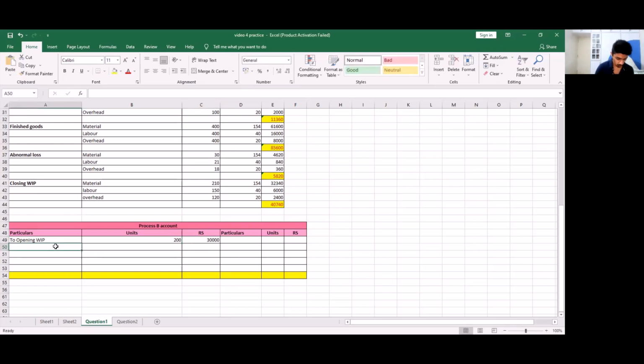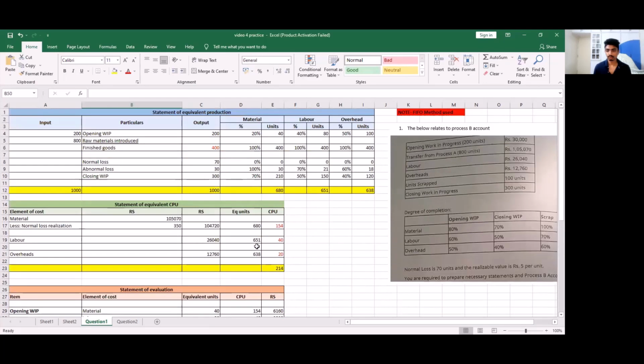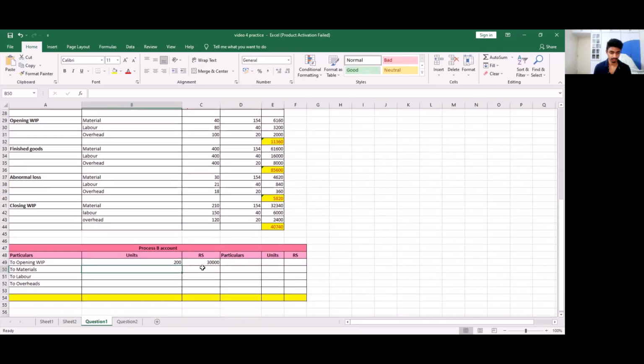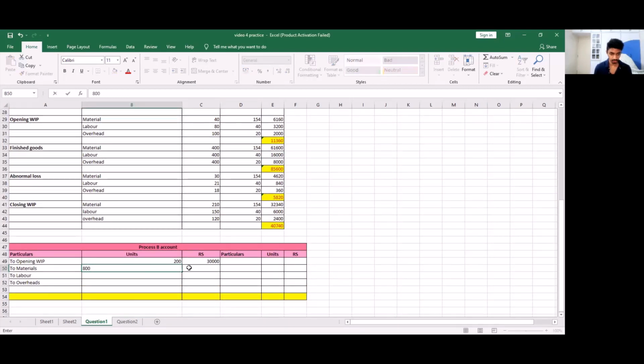Next, we have all our expenses on our debit side. We have to materials, to labor, and finally to overheads. So for materials, we have units of 800 at a value of 1,05,070.